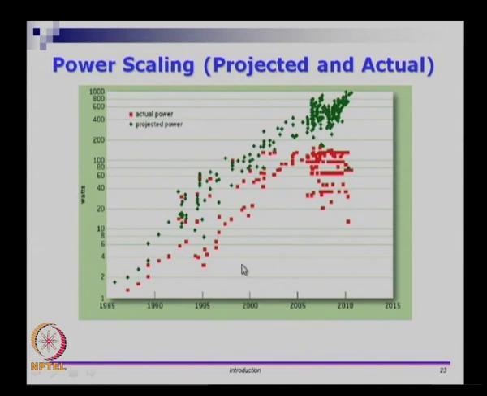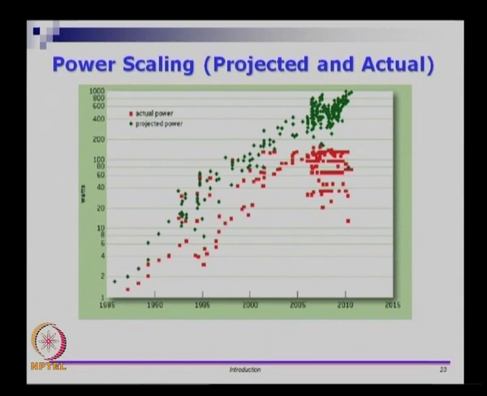Finally, the power consumption, or the wattage consumed by these processors, also went through a phase where it went up exponentially. You can see that in the early 1980s or so it consumed a few watts of power, and current processors use about 100 watts of power. So in about 20 to 30 years we have increased the power required by the chip by about 100 times.